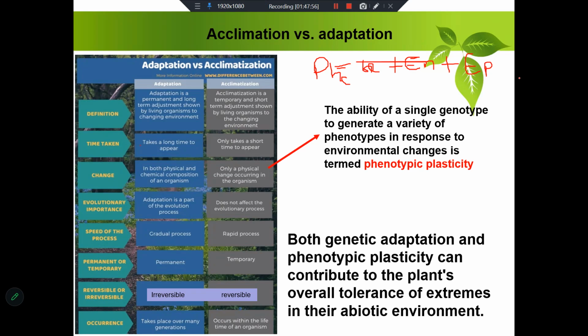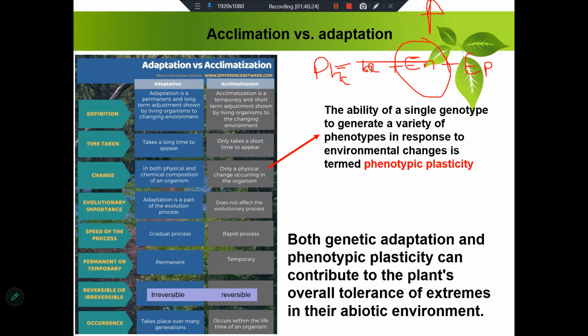For certain characters, the environmental component is prominent. The environment can play a high role there. For example, let's take some plants. When they are exposed to sunlight, facing the sun, their leaves become very broad. If they are in shade, they become small.